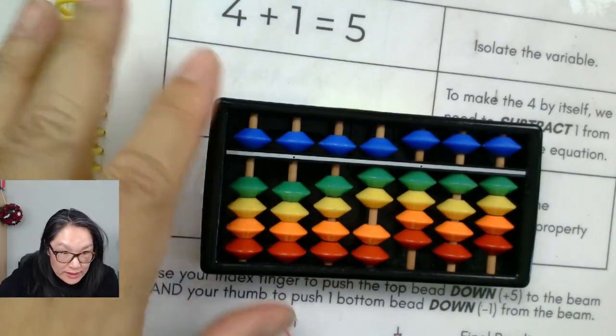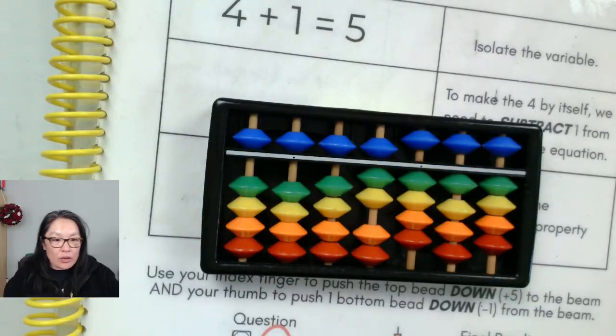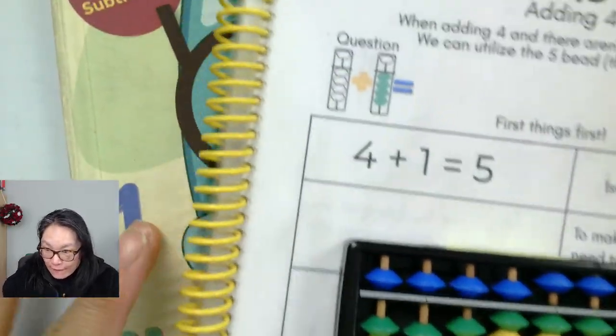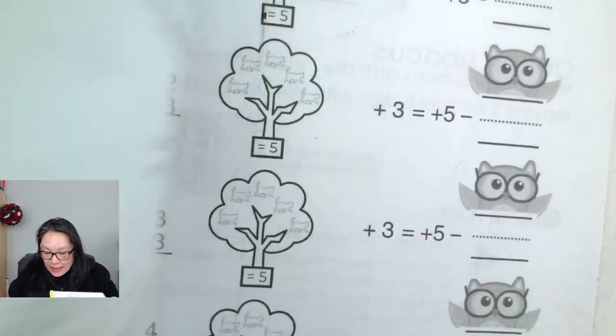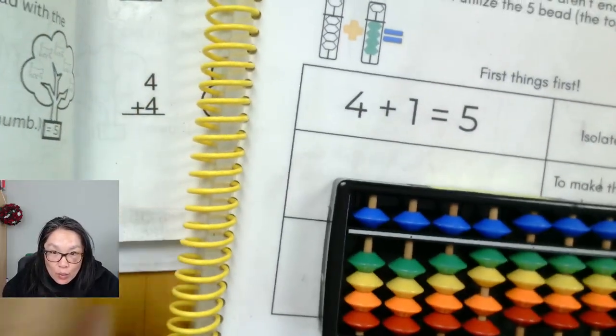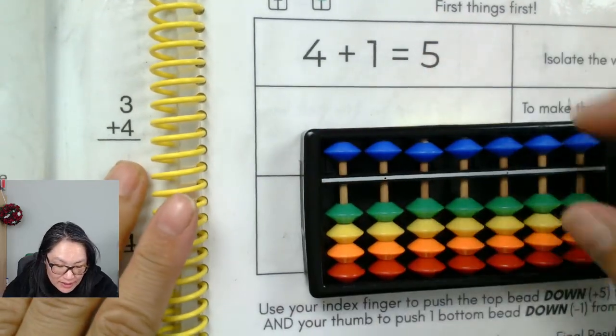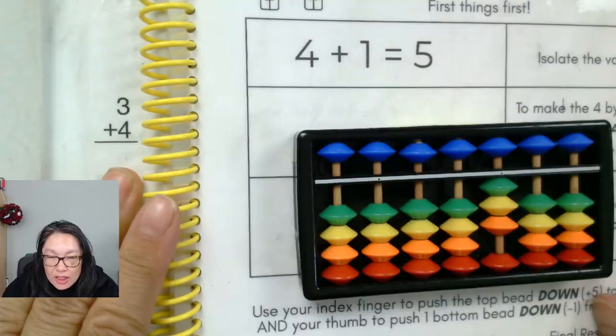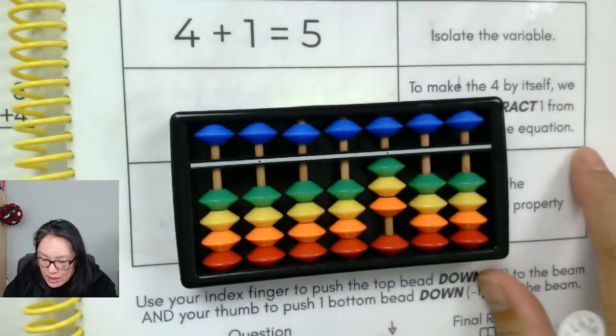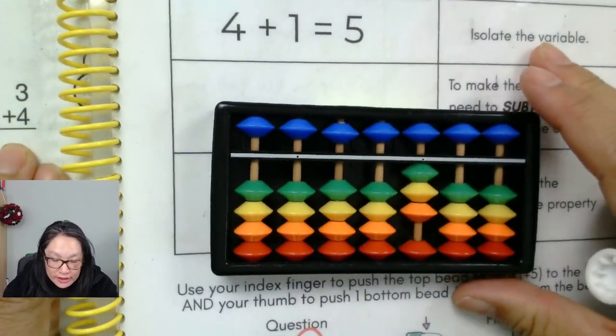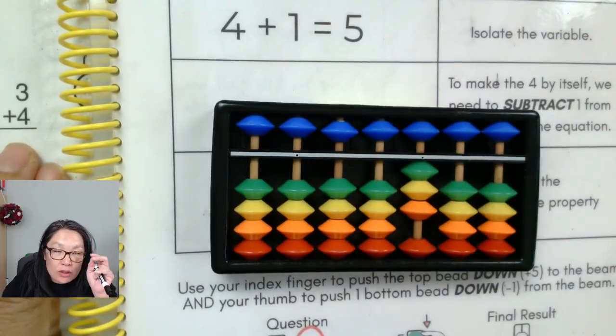Because the question is, we're going to add a 4. Now, if you notice, when I add a 4, I don't have enough beads to add a 4. So what's going to happen? Let's do 3. And notice the abacus actually provides restrictions, constrictions, restraints. So this actually helps us to understand how to use the 5 and adds more critical thinking.